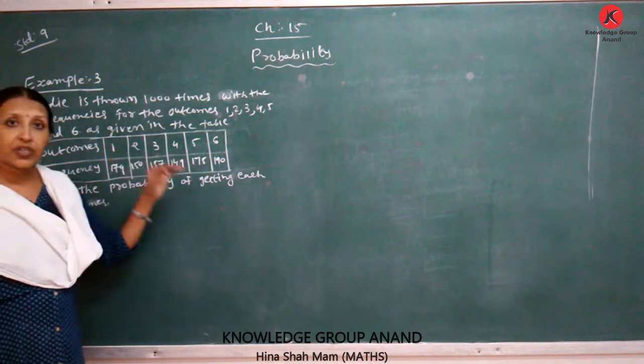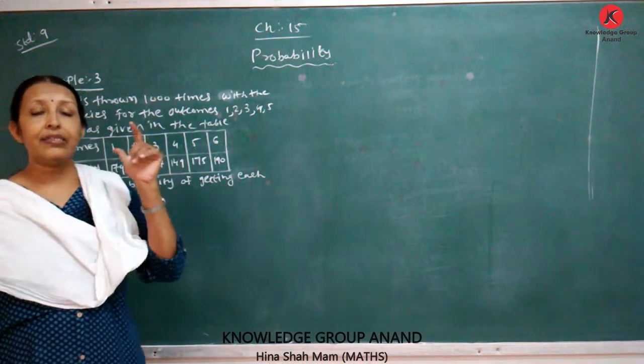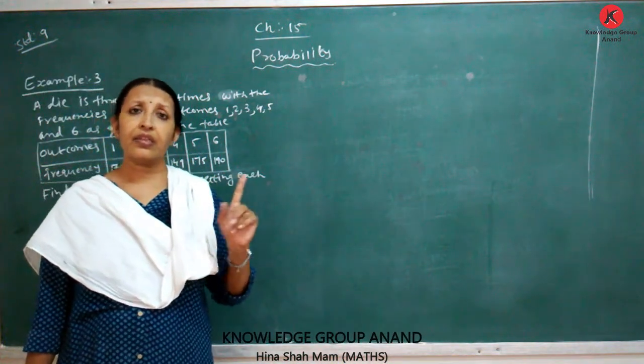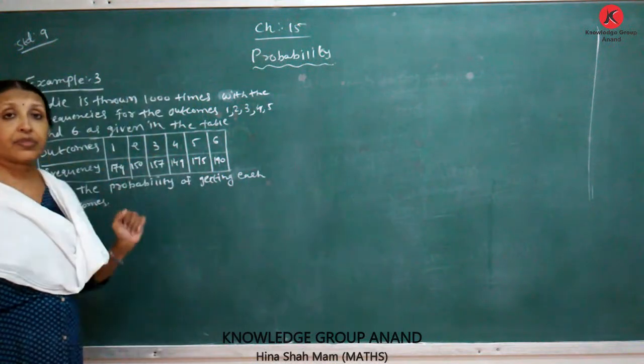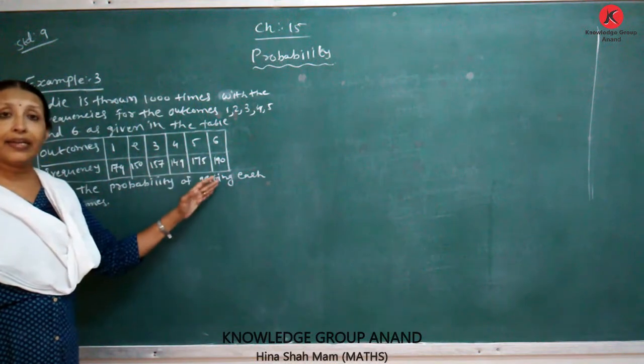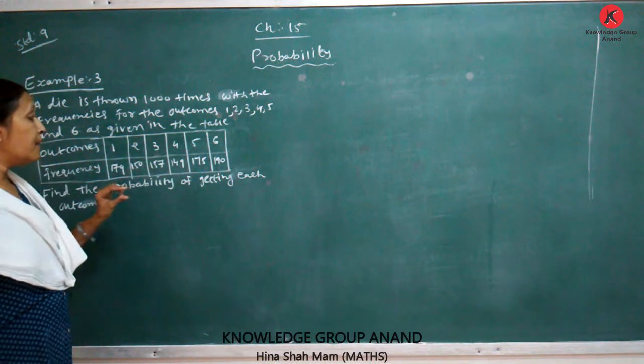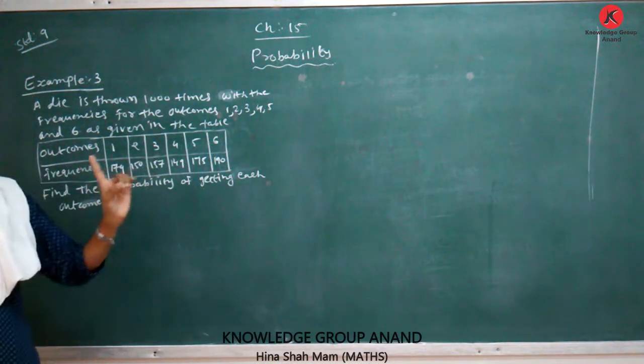In this question, the dice is tossed 1000 times. Then we get 1 179 times. Here we write getting 1.